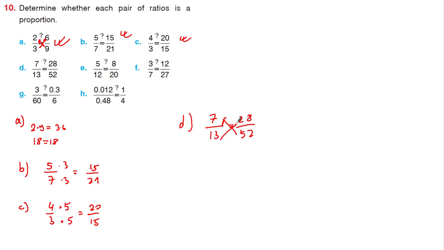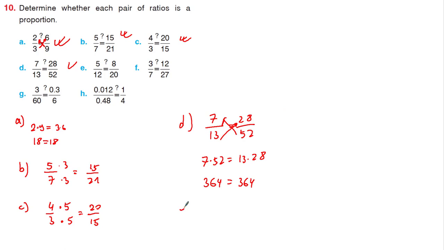Let's use the first method here. 7 times 52 is equal to 13 times 28. 7 times 52 is 364, and 13 times 28 is also 364. So it is a proportion.